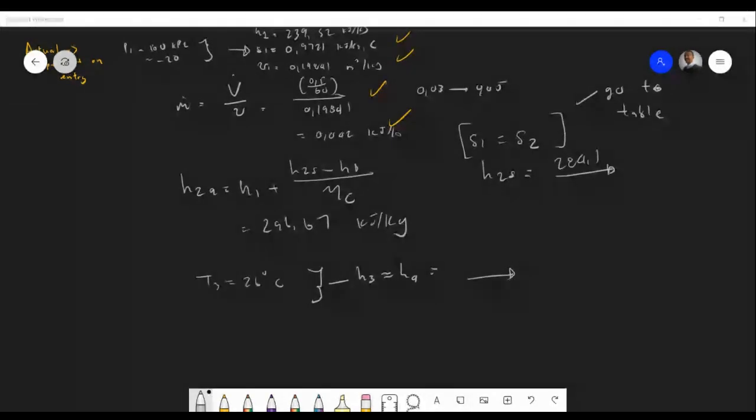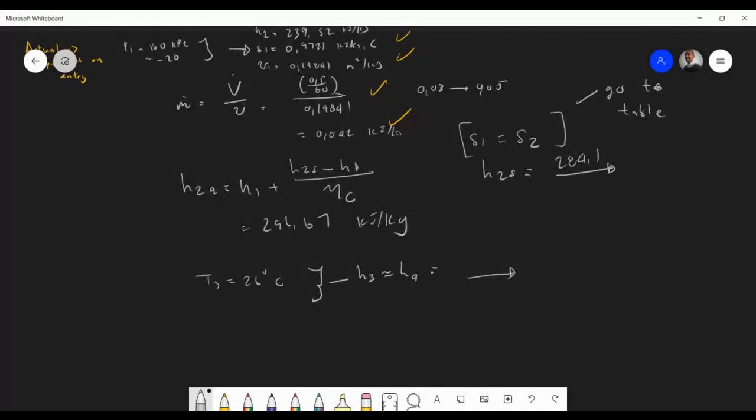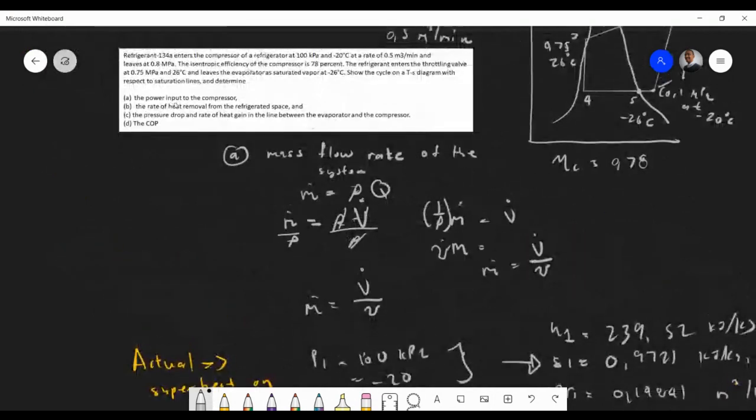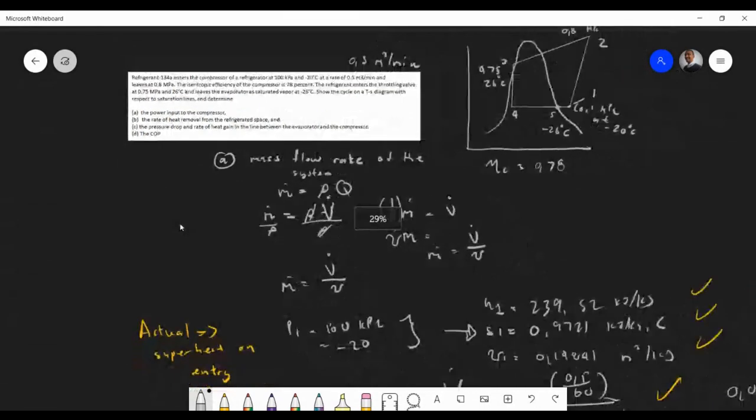Okay, so my H3, H4, you should have gotten 87.83. I think we got this before. Okay, so once we have this, we can work out two things. Let's work out the power input to the compressor and the heat removal.